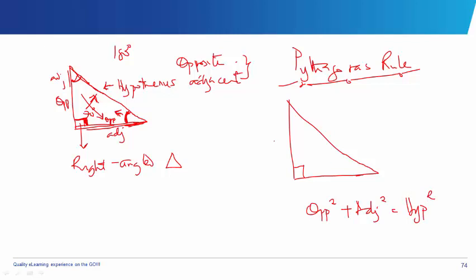So let's call this side x, this y, and this z. Pythagoras rule now states that x squared plus y squared gives us z squared. Or we can say that z equals the square root of x squared plus y squared. That's Pythagoras rule, and it's a very important rule whenever we're trying to find the sides of a triangle.